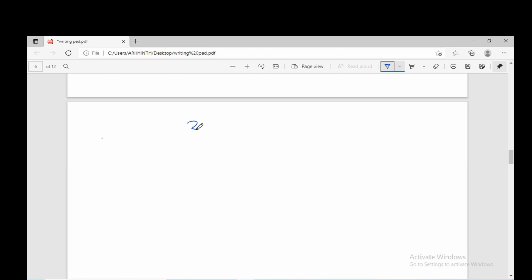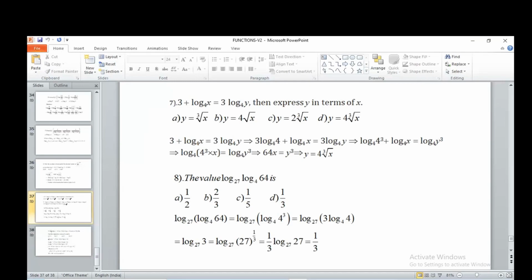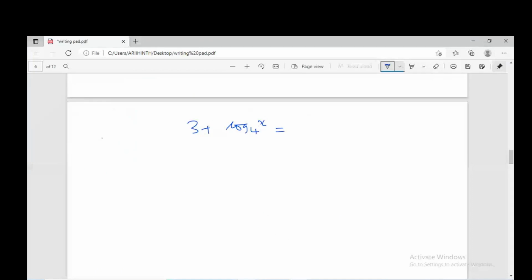3 plus log base 4 of x is equal to what they have given for the right hand side, 3 into log of y. So 3 into log 4 base 4, log of 4 power x is equal to 3 into log of 4 power y. So we can write it as n log m is equal to log m power n.